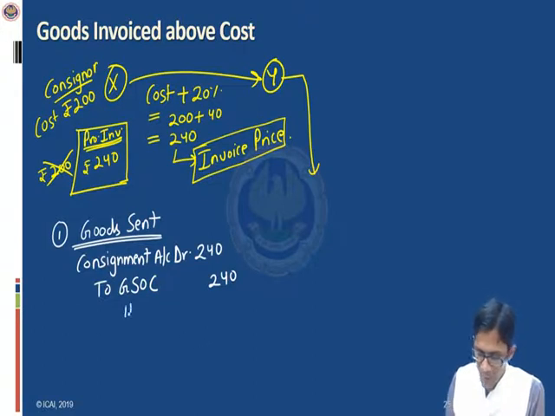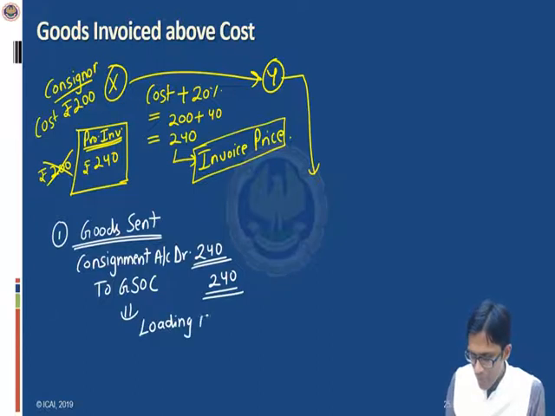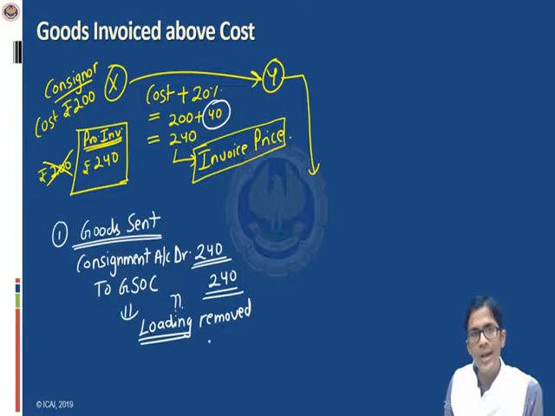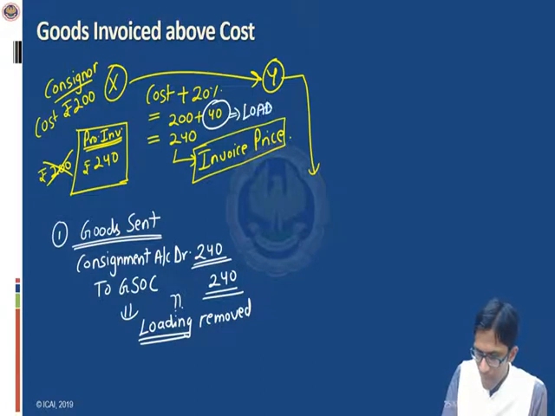So, although the entry has been passed by rupees 240, the amount of loading will have to be removed. Now, what is this loading? The extra rupees 40 that have been added to the cost. This is called loading.